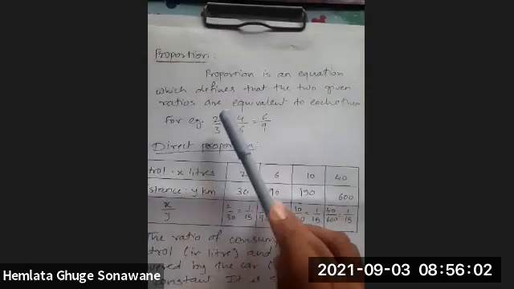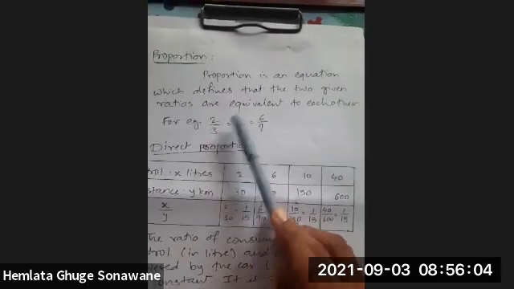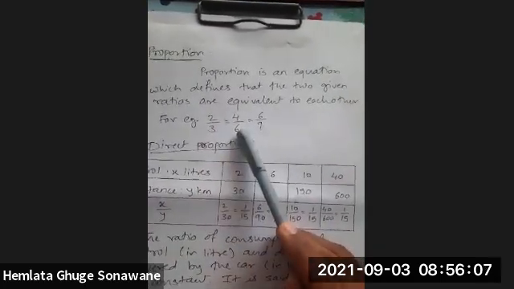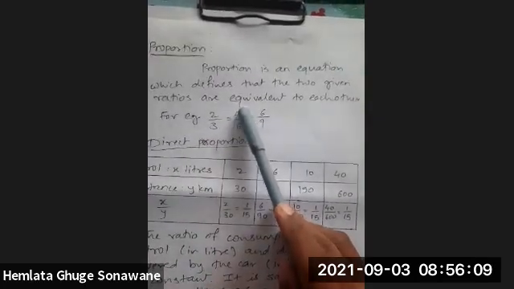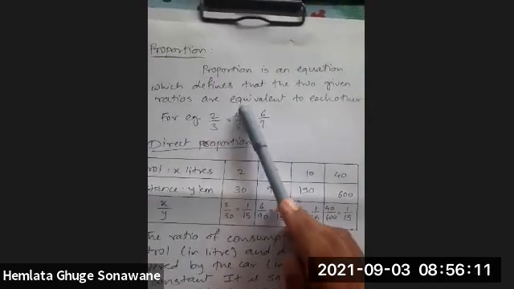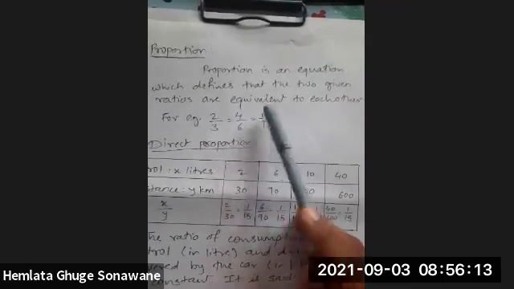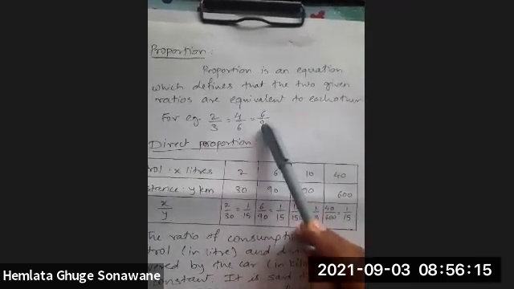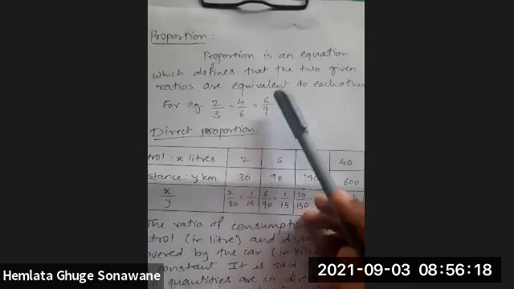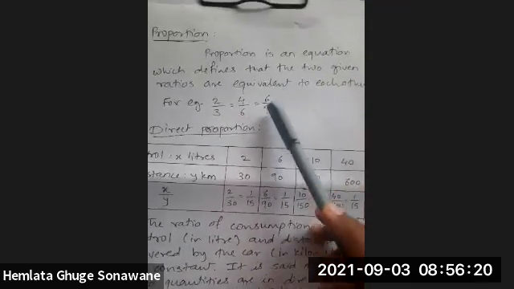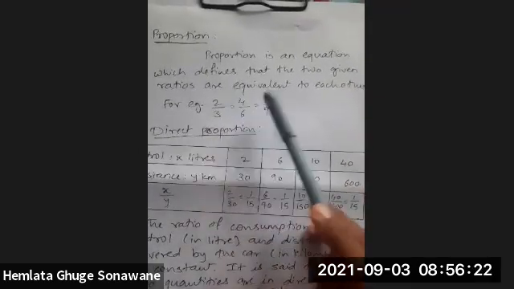For example, 2 upon 3 is equal to 4 upon 6. That is, if we simplify 4 upon 6, we will get the answer as 2 upon 3. Then 6 upon 9 is also equal, because if we simplify 6 upon 9, we will get the answer as 2 upon 3.